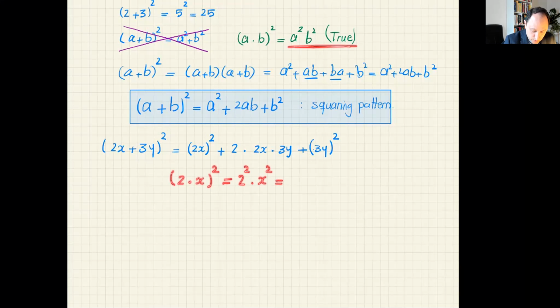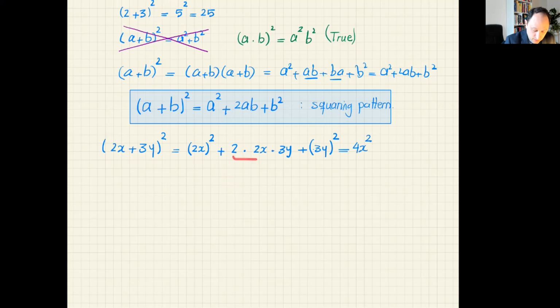But nobody writes it in this complicated form. 2 to the 2 is 4, x to the 2 is x squared, so this becomes 4x squared. So you see, this problem is not finished yet because I have a pair of brackets left. When I say expand, there shouldn't be any pair of brackets. So I will continue. Instead of the first one, I write 4x squared.